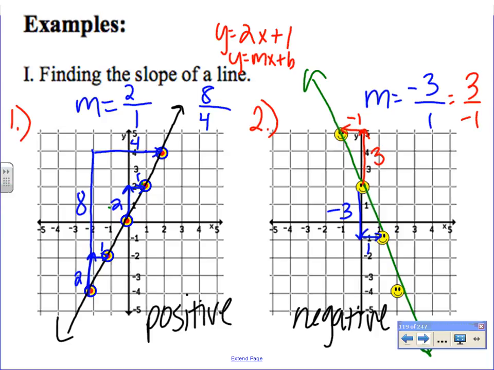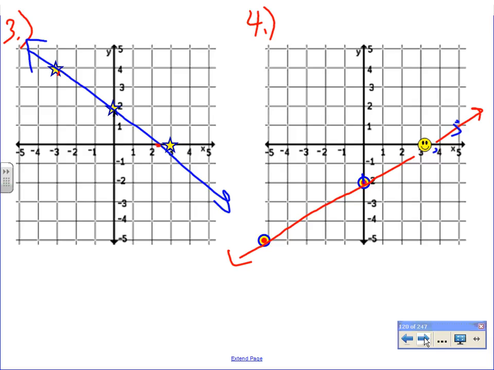Okay, so try the third one on your own. Okay, what's the slope on this one? 2 over 3. Okay, 2 over 3, but is it decreasing or increasing?